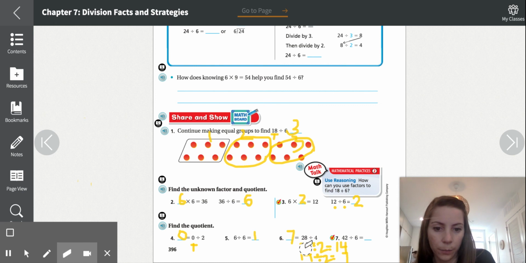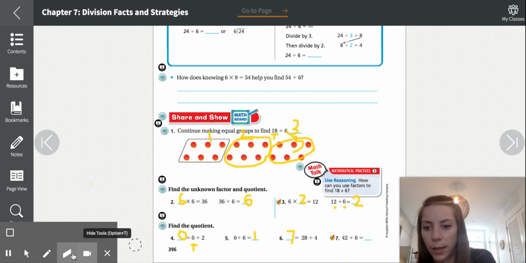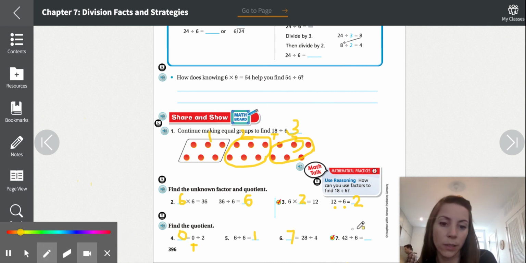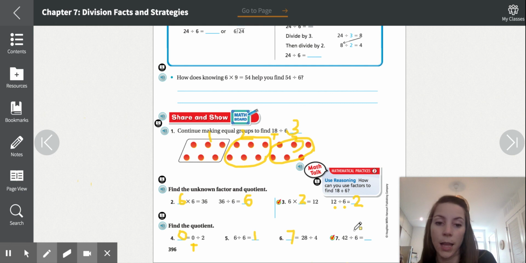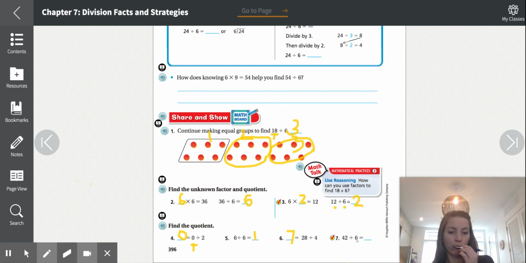So just doing that twice is pretty easy. All right. 42 divided by 6. I could draw a picture. Or maybe I could use that same strategy again. Divide by the factors of 6, which are a 3 and a 2. The only problem is 42 is kind of a big number to divide by 3. So let me think about this one if I want a different strategy.